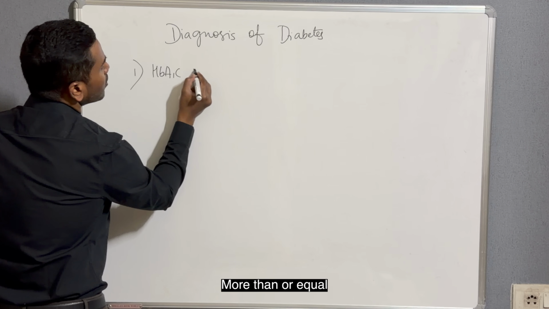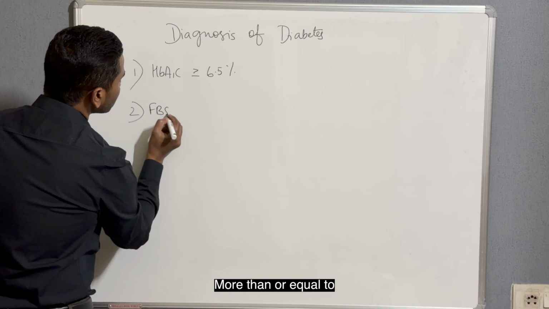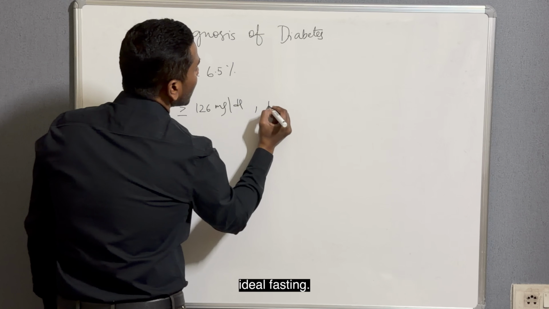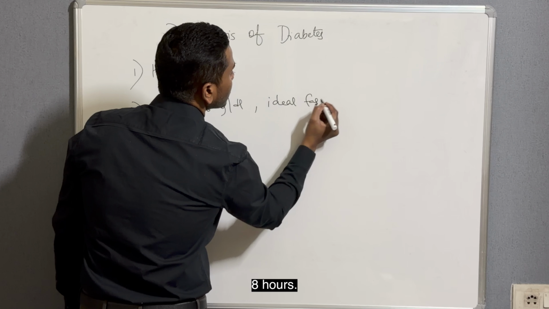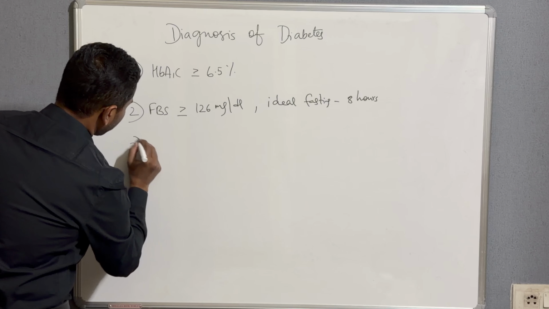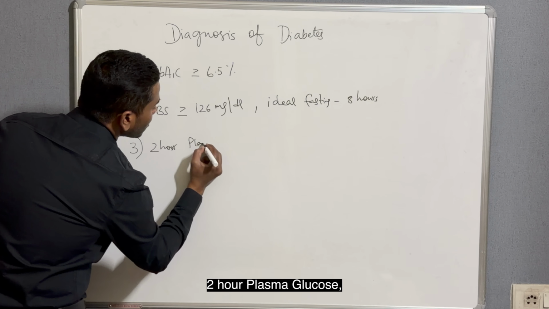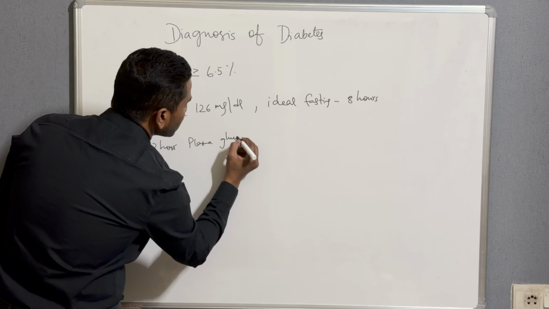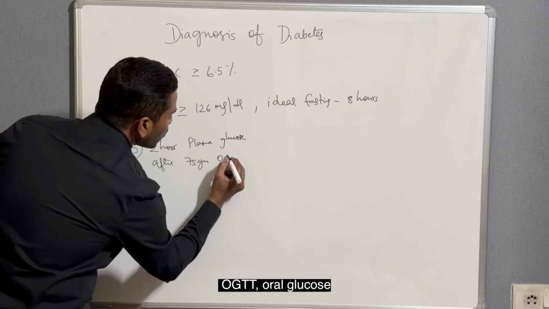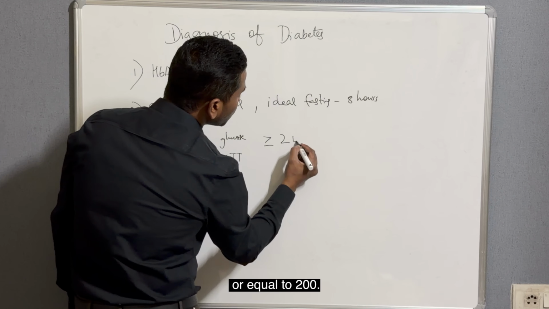HbA1c more than or equal to 6.5%, fasting blood sugar more than or equal to 126 milligram per deciliter, ideal fasting 8 hours, 2-hour plasma glucose after 75-gram OGTT, oral glucose tolerance test, should be more than or equal to 200.